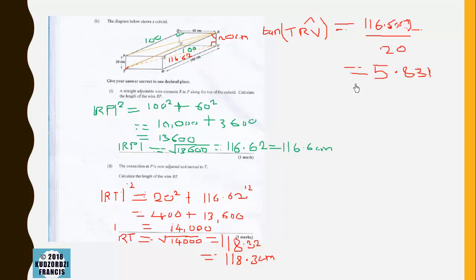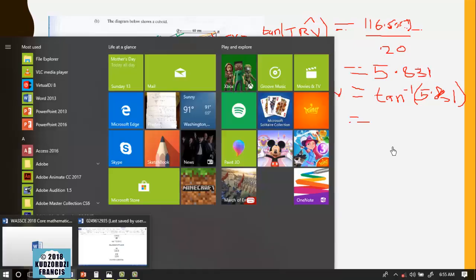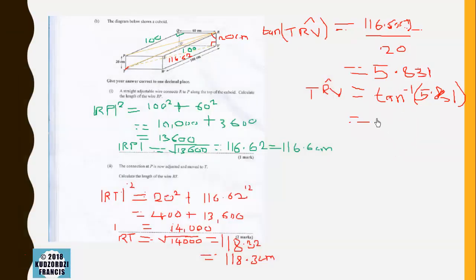So angle TRV is equal to the tan inverse of 5.831, and this will be equal to 80.27.